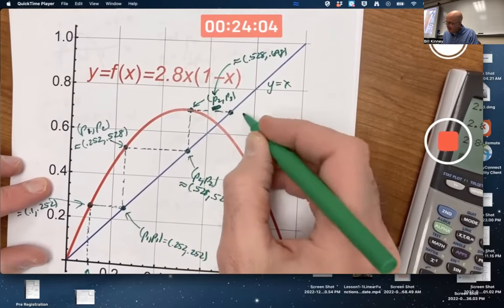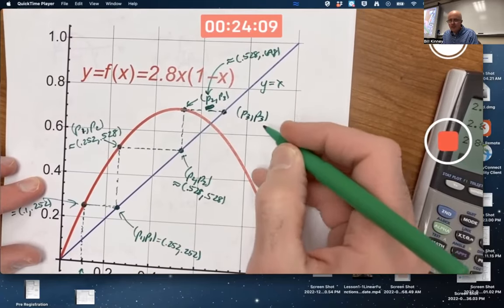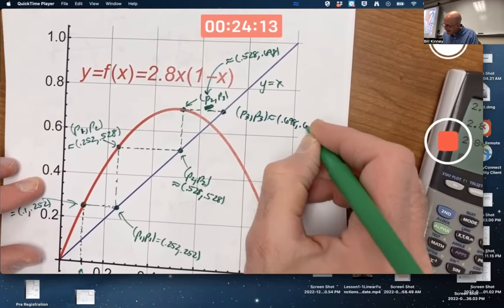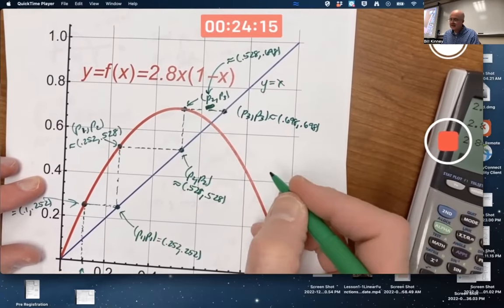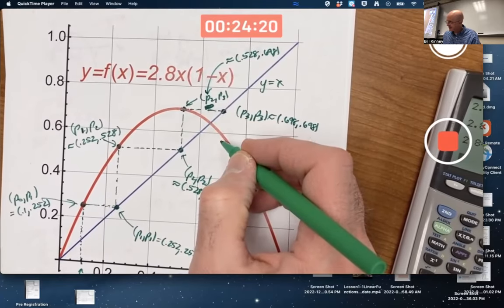To this point on the y equals x, that's going to have coordinates P3, comma P3, approximately 0.698, comma 0.698. And now you can see visually in the next step, you've got to go down to the graph instead of up.